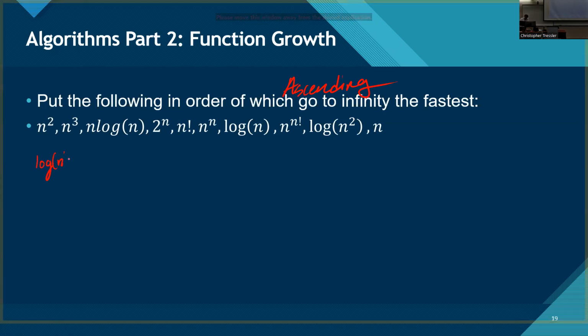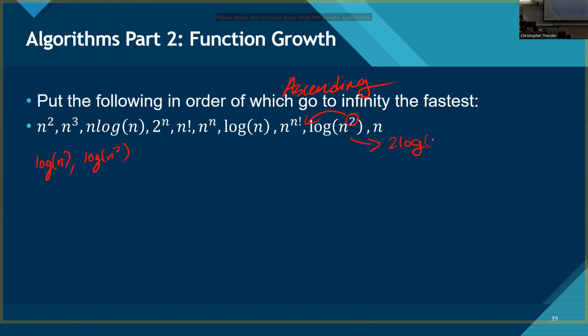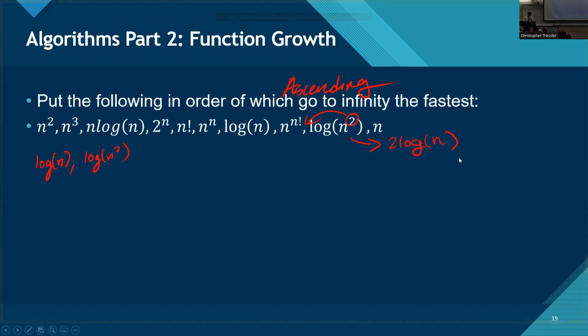So log n. Yep. And then what's the next one? There's actually one that's before. Yeah, it's log n squared, because remember, if we go back to our basic log rules, this thing is equal to, we can take this 2 and put it to the front. So we actually get 2 log n, which is going to be before n log n. But then that is our third one, I believe.